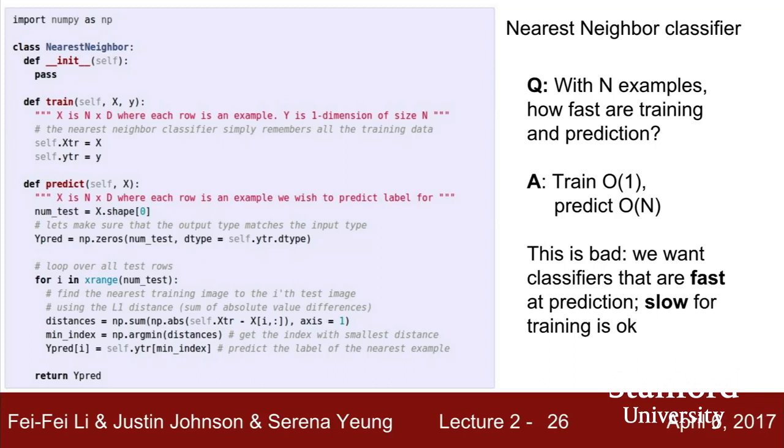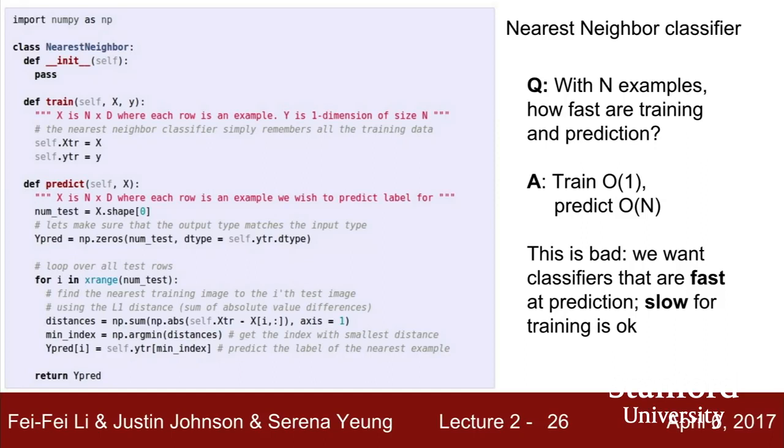This is actually somewhat backwards, if you think about it, because in practice, we want our classifiers to be slow at training time and then fast at testing time. Because you might imagine that a classifier might be trained in a data center somewhere, and you can afford to spend a lot of computation at training time to make the classifier really good. But then when you deploy the classifier at test time, you want it to run on your mobile phone or in the browser or some other low-power device.